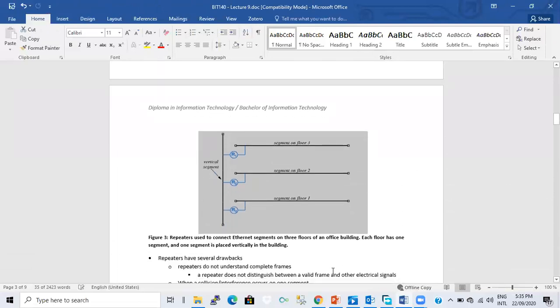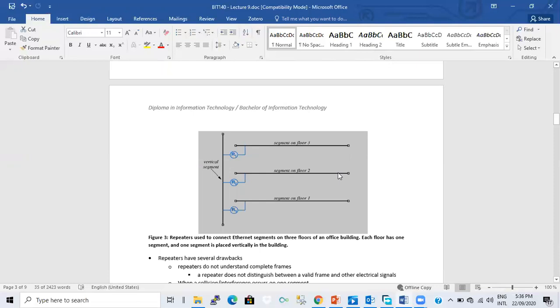If you have a storey building, let's say a building that has first floor, second floor, and so forth, you can have one straight wire like this. And then for each floor, you have a repeater that is sending to that segment on that floor. If this cable is too long, there is need of this repeater, which will boost and send to a network segment.